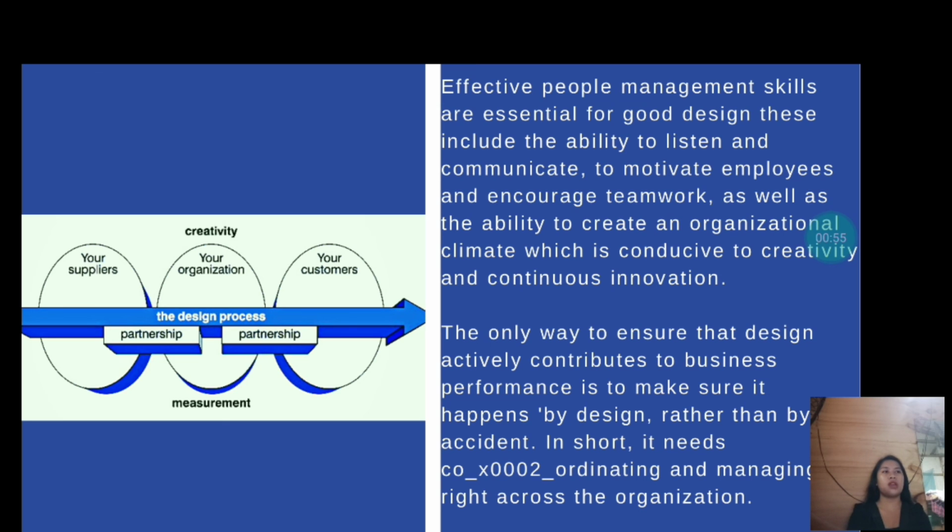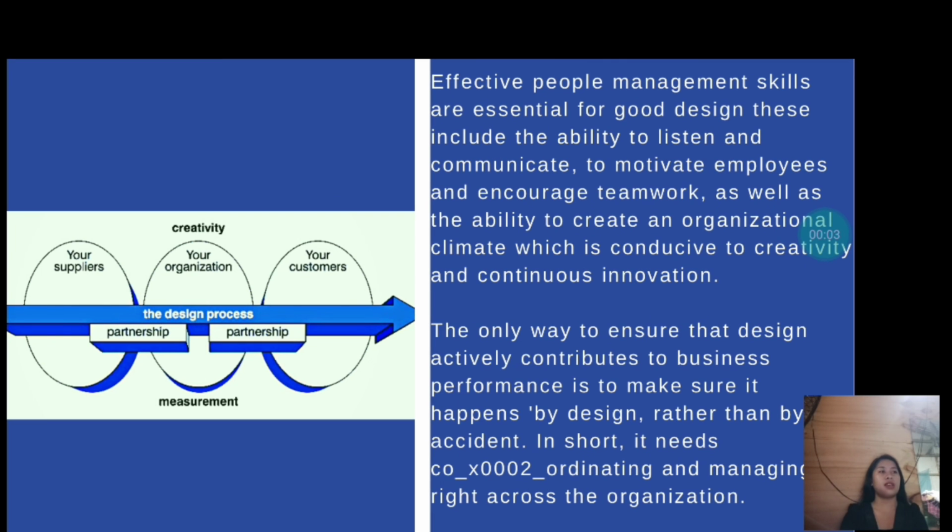So this is the value chain and process. This figure shows the active coordination and contribution of each party in the business, connected by the design process and effective planning, strategizing, and management.